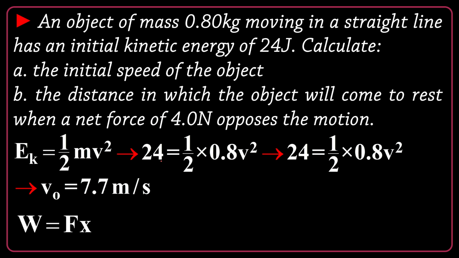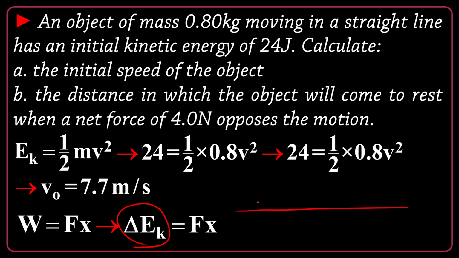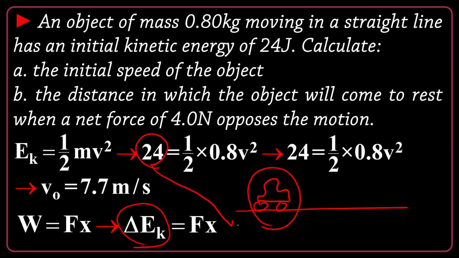Here I can easily use the Work-Kinetic Energy theorem. The work done by the net force, which is also the change in kinetic energy, is the net force times the distance traveled, Fx. You know that. So here, instead of W, I can substitute delta EK. Keep in mind that the car starts from an initial kinetic energy of 24.